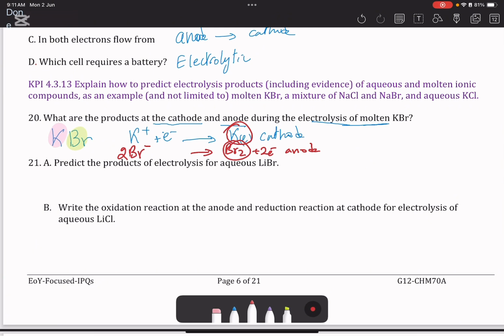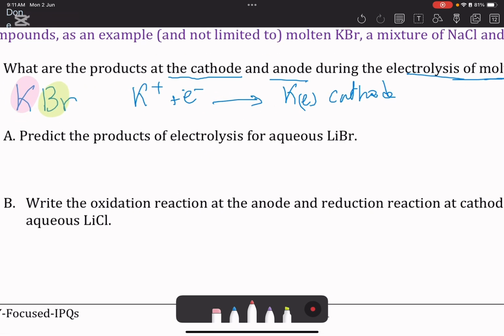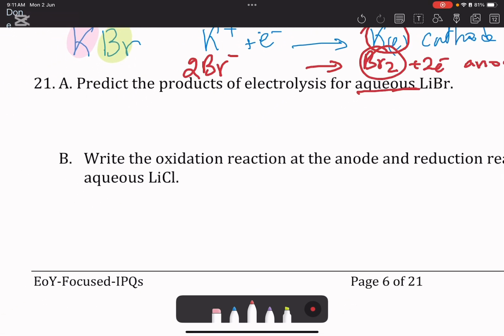Predict the product of electrolysis of aqueous LiBr. Now when we talk about aqueous, we have to take into consideration the ions coming from water. So we have a competition at the cathode. I have H plus that might be discharged or Li plus that I have to think about.